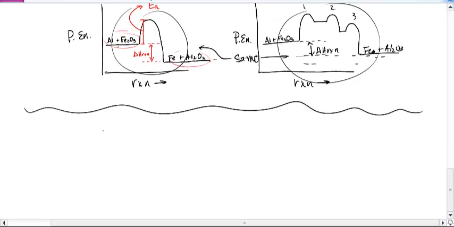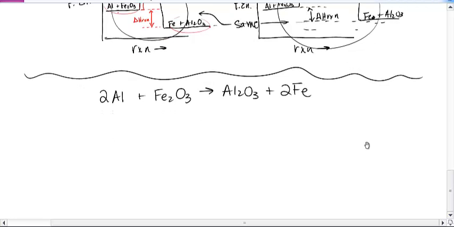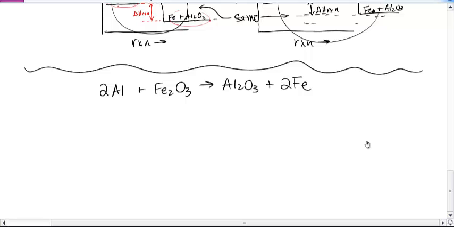So I'm going to rewrite the reaction up here just so it's on the screen again. Let's say we know that this reaction actually takes place in 2 steps, or that there are 2 pieces of information that could be possible steps for this reaction.